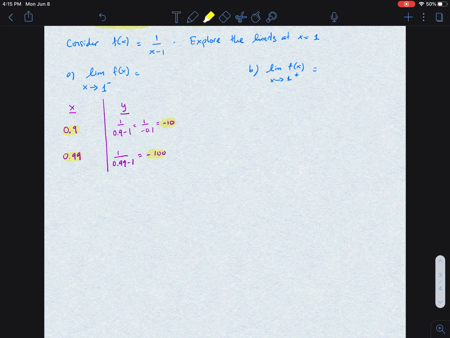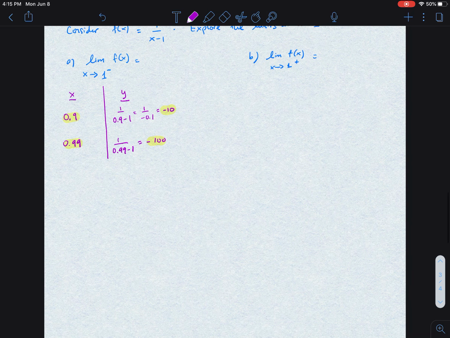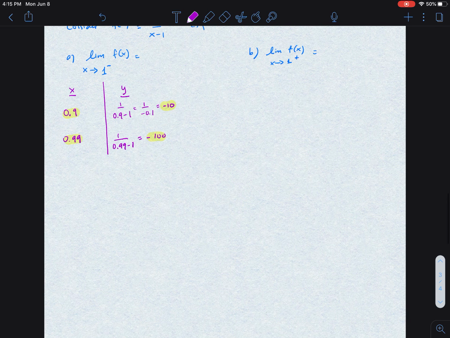So the y values are increasing in the negative direction. Let's look at another x value closer to 1 on the left side, maybe 0.999. So y will be 1 over 0.999 minus 1, so that's going to be negative 1000. So the y values are increasing in the negative direction, and there's no indication that this number will stop at all.